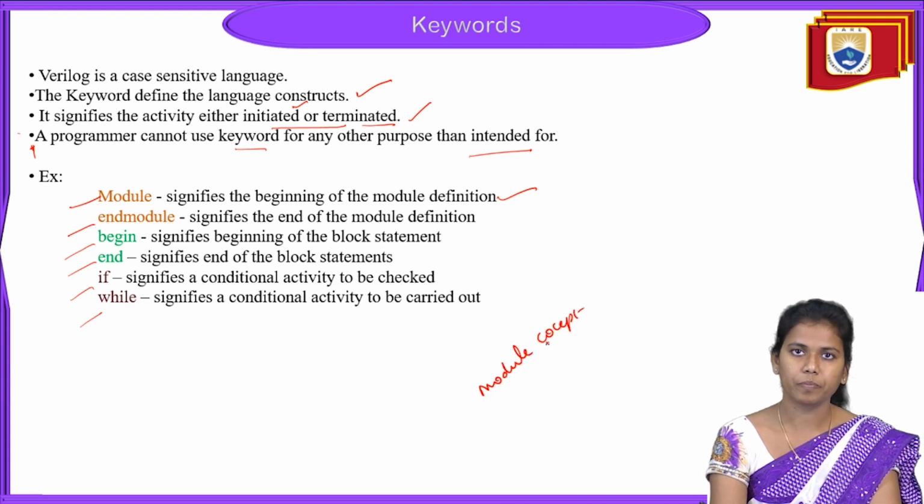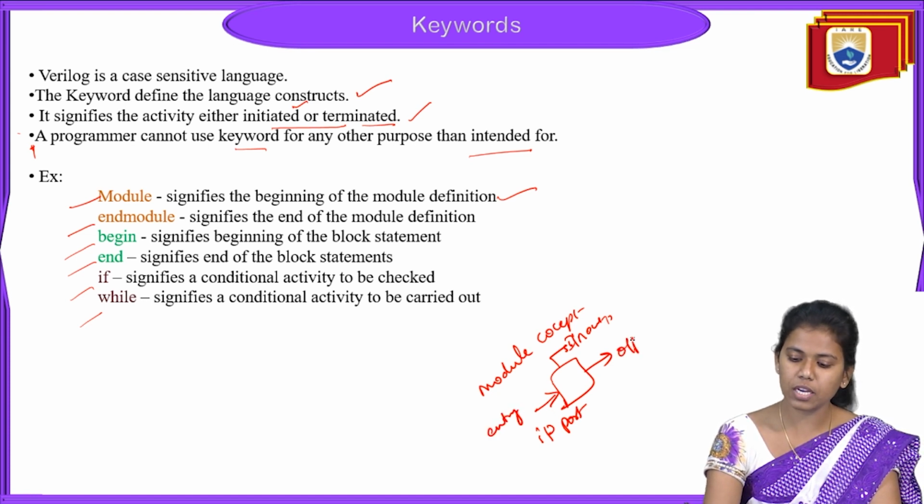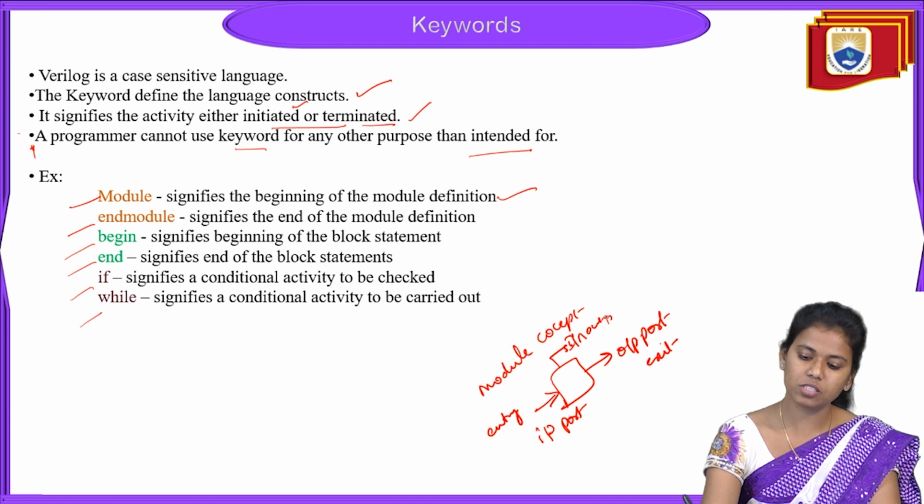A module consists of input ports, output ports, and in-out ports, isn't it? Input ports are entry ports which enter into the module. We consider the inputs, and the output ports are exit ports, which come out of the module, and in-out ports are the combination of input and output ports.